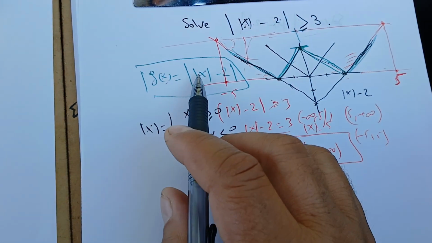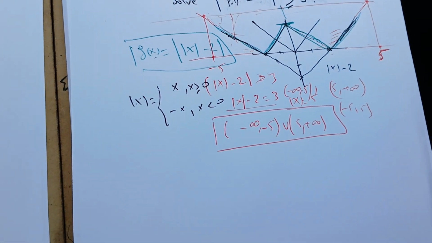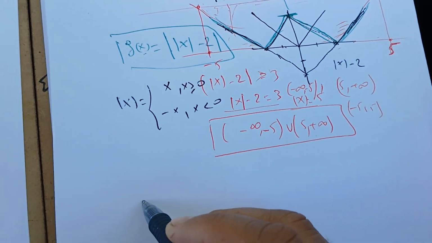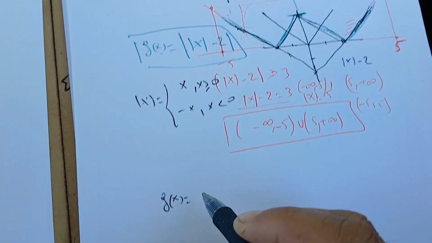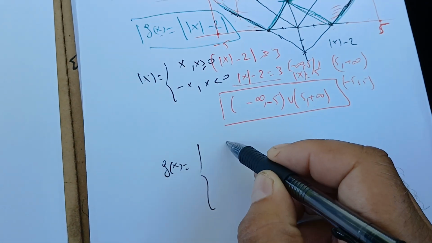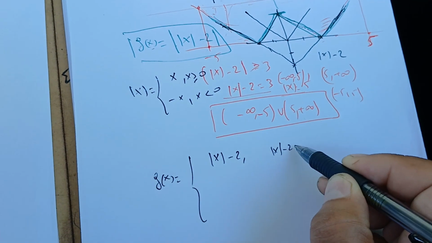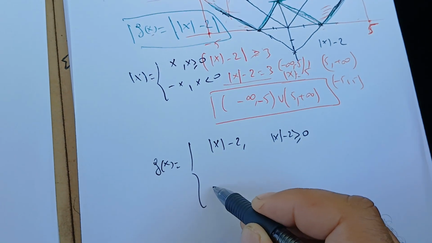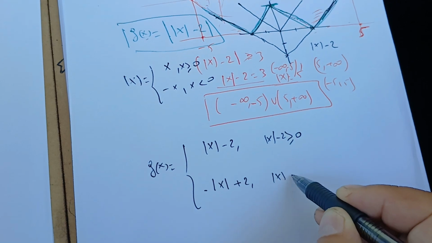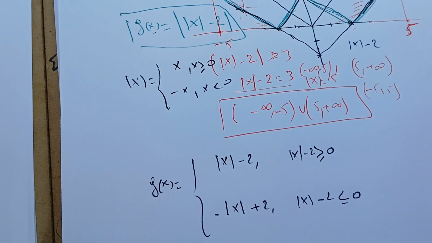The absolute value of x minus 2 is x minus 2 when x minus 2 is bigger than 0, or minus x plus 2 when x minus 2 is less than 0, according to this definition here.